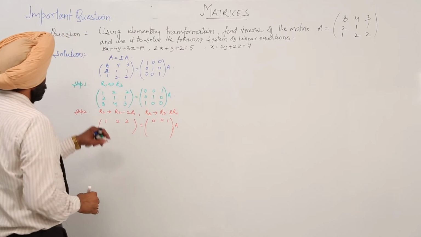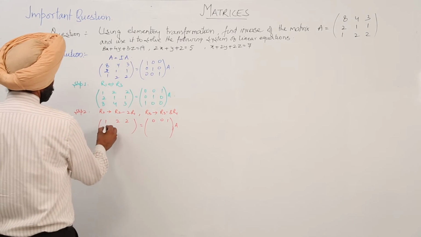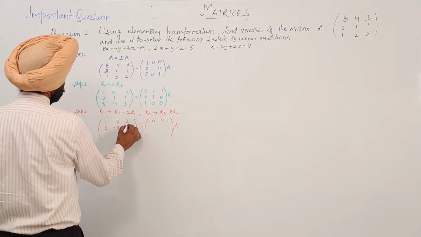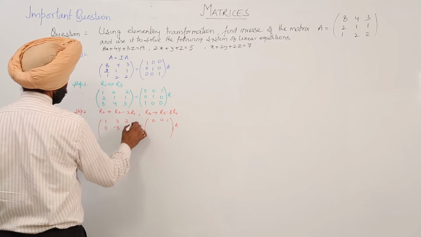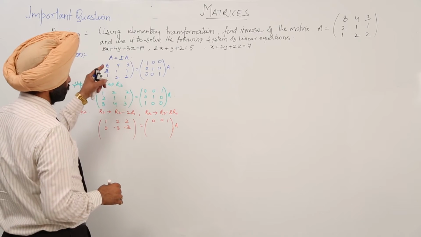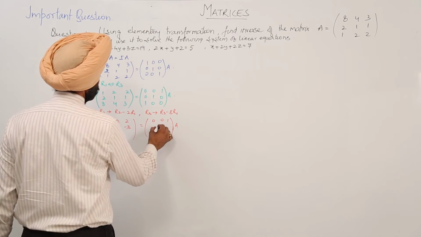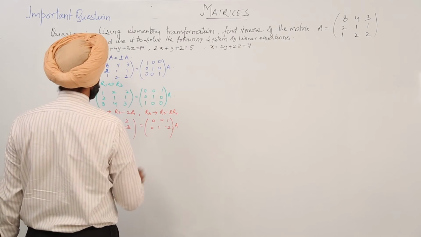Now for applying this step, it is 0 minus 3 minus 3, 1 minus 2 is 4... 1 minus 2 to the 4. Similarly this side, now we are having 0 1 and minus 2.